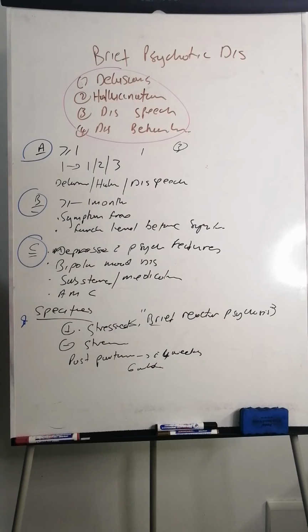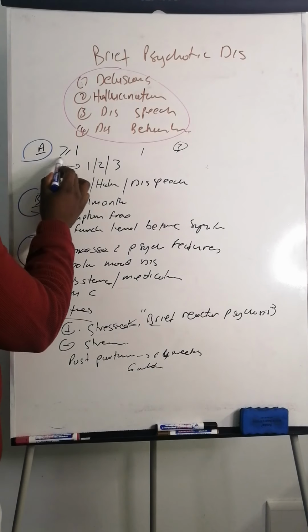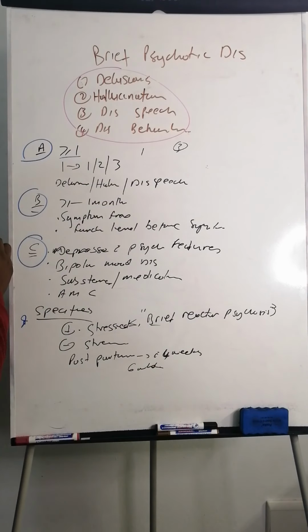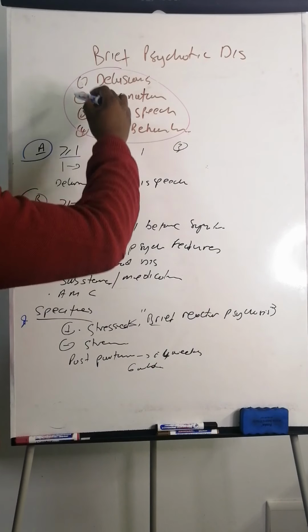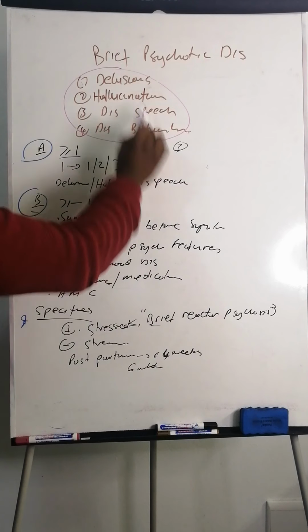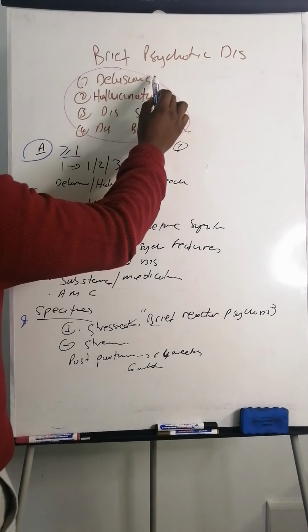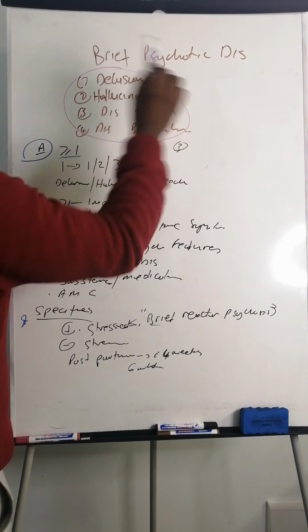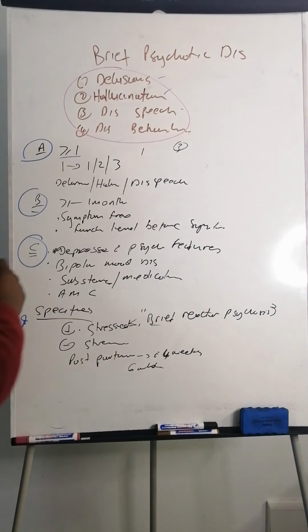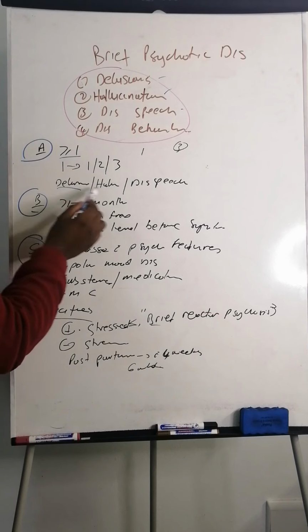So criterion A says that in order for you to think about a brief psychotic disorder, you must have one or more of these symptoms, and one symptom from the symptoms that you have must either be a delusion or a hallucination or disorganized speech, like I've written here.